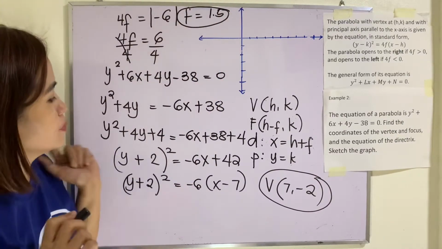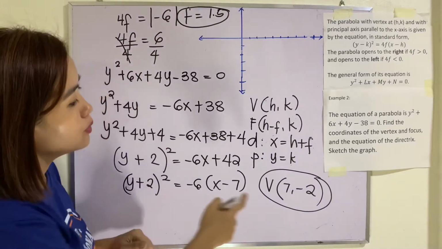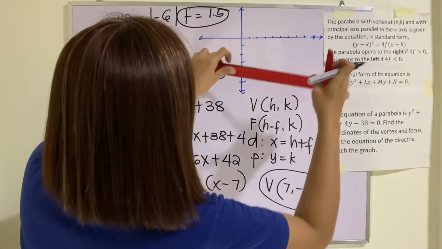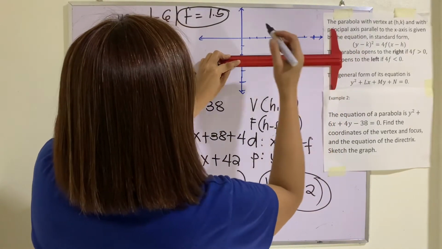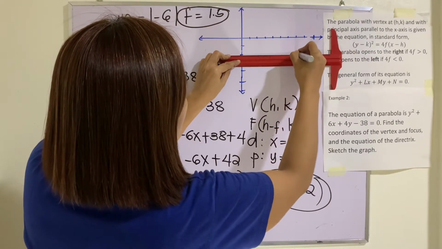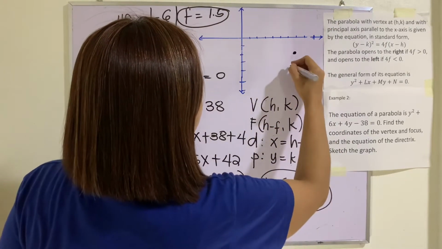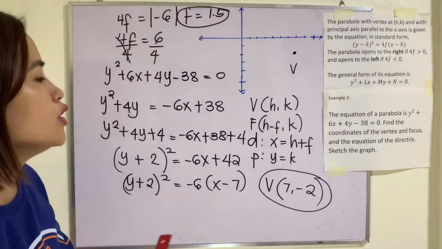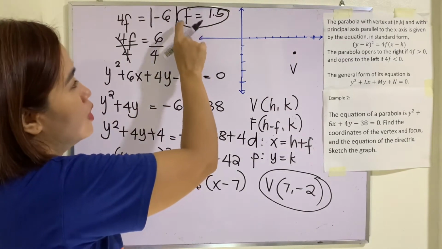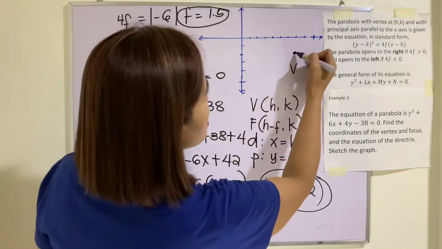Now, let us plot this point, the vertex, that is (7, negative 2). So, this is negative 2. 1, 2, 3, 4, 5, 6, 7. This one is your vertex. And then your focus will be h minus f. But we know already that the focal distance is 1.5. You just count it from here.